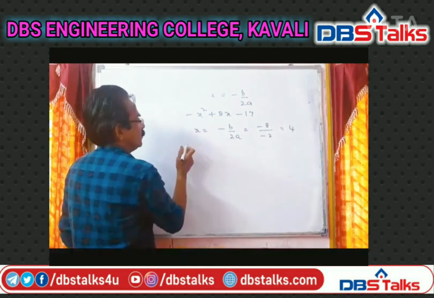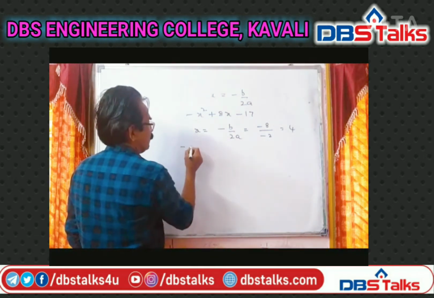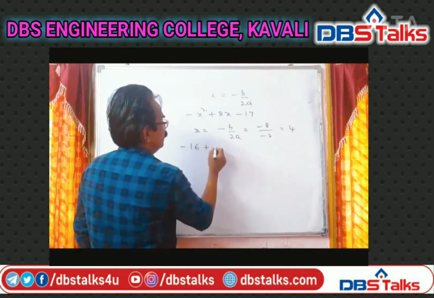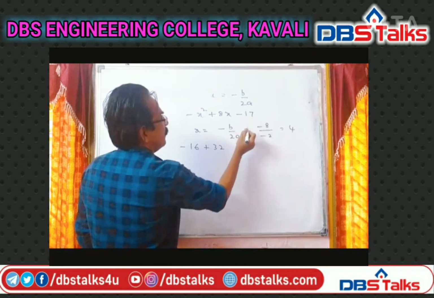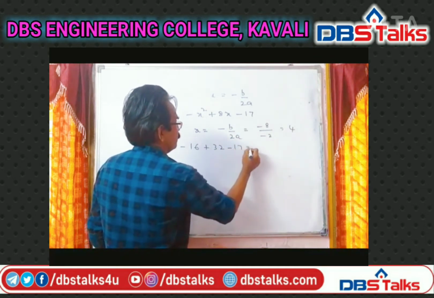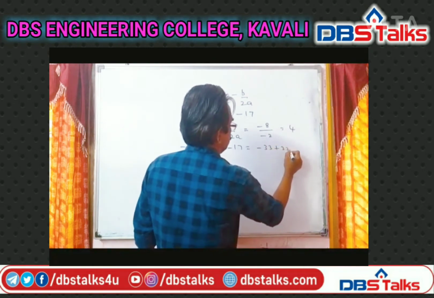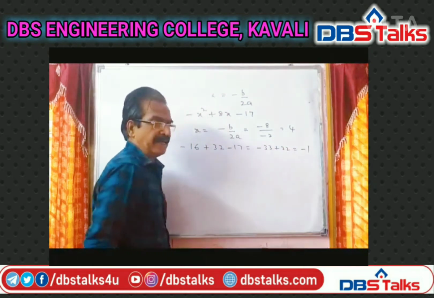Okay friends. So minus 4 square is minus 16, plus 8 into 4 is 32, minus 17. This is equal to minus 33 plus 32, that is equal to minus 1.